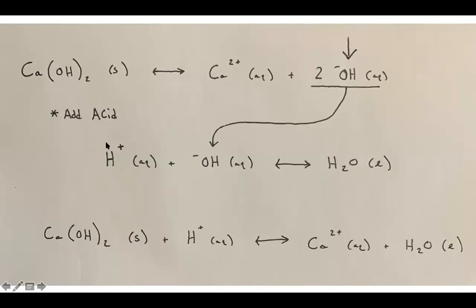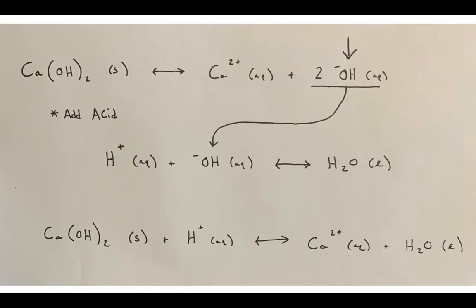Because H+ is reacting with OH- to produce water, the concentration of hydroxide on the product side in this equilibrium is getting driven downward. Based on Le Chatelier's principle, if the amount of product we have is decreasing, we will counteract that change by shifting to the product side. Therefore, more solid will dissociate into ions.